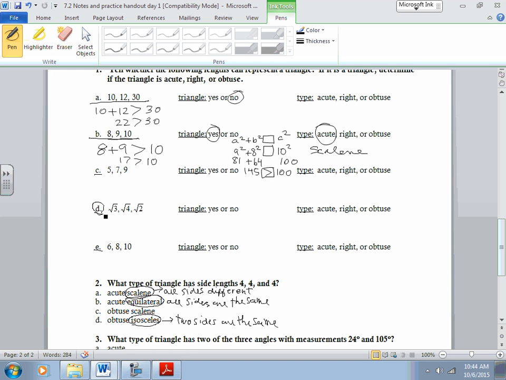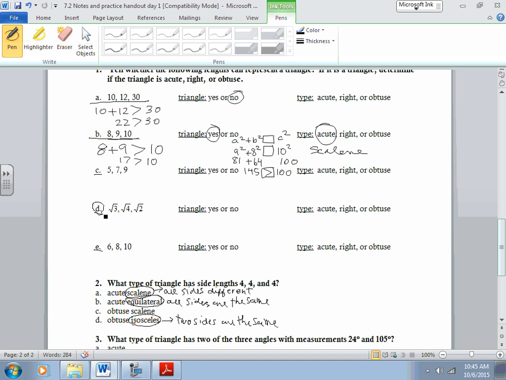Which one has a squared plus b squared is less than c squared? Q or x? A squared plus b squared is less than c squared, so it's an obtuse triangle. Remember that it could have been a squared plus b squared is less than c squared, or it could be c squared is greater than. And the other way is put stars right here.